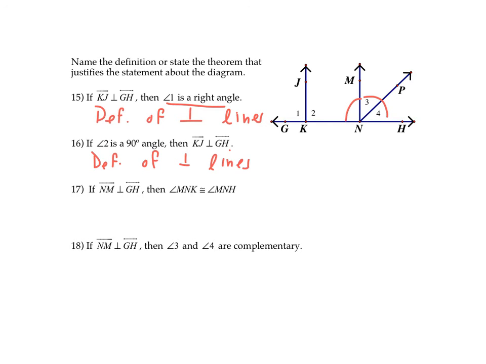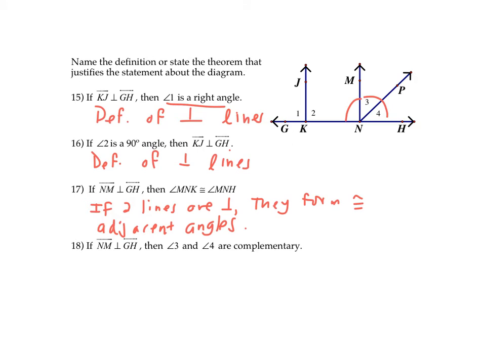If two lines are perpendicular, they form congruent adjacent angles. And you would use this in a proof if you know that the lines are perpendicular and you're trying to prove a pair of angles congruent. This can be a really handy theorem.